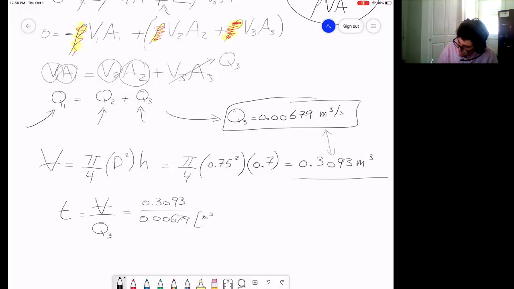This is meter cubed per second, and this is meter cubed. And like Nick said, once you do the division, you'll end up with seconds, which is your unit for time. It should roughly take 45.55 seconds.